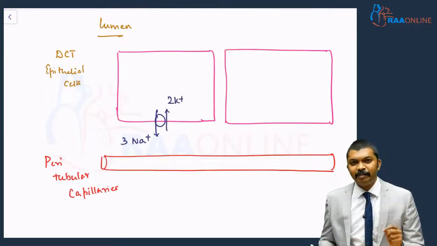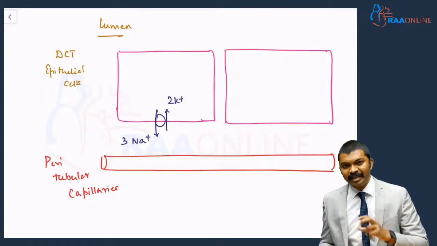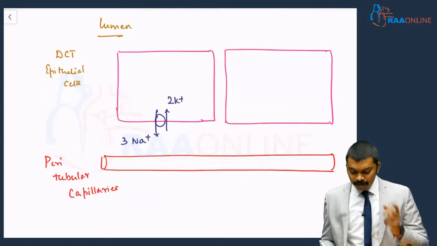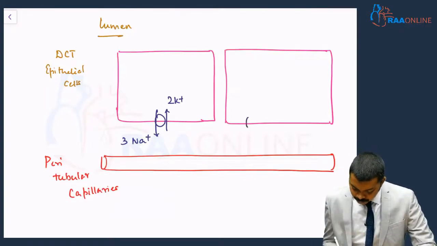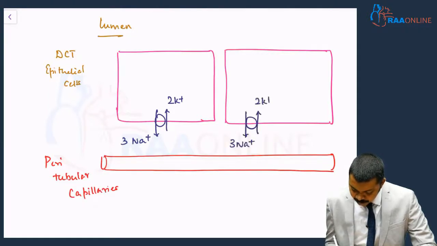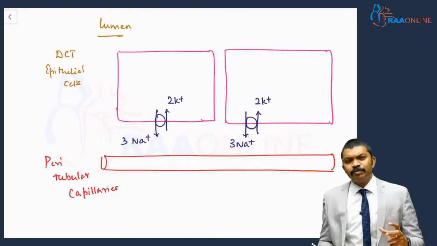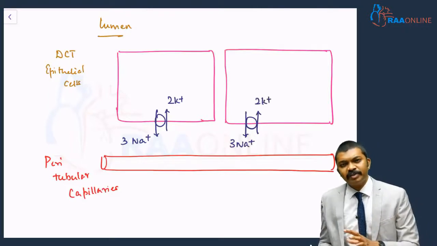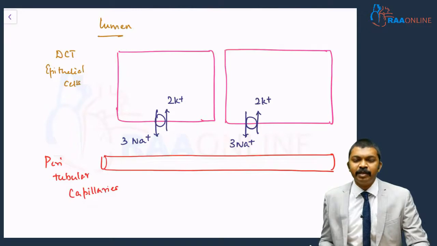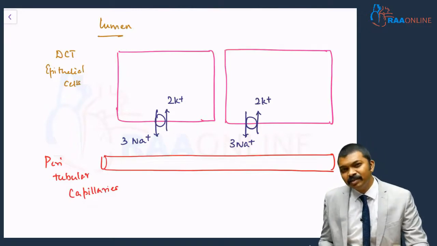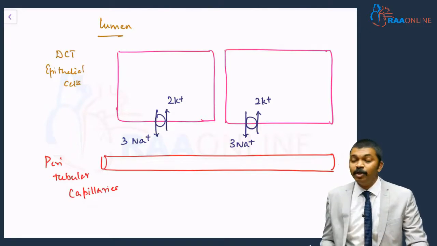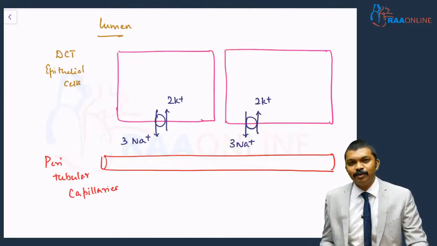The sodium potassium ATPase pump is operating on the basal surface. Now, on the next cell as well, we do have the sodium potassium ATPase pump. When there is continuous movement of sodium out of the cell because of sodium potassium ATPase, what will happen to intracellular sodium level? You're right, doctors. There is going to be a fall in intracellular sodium level.